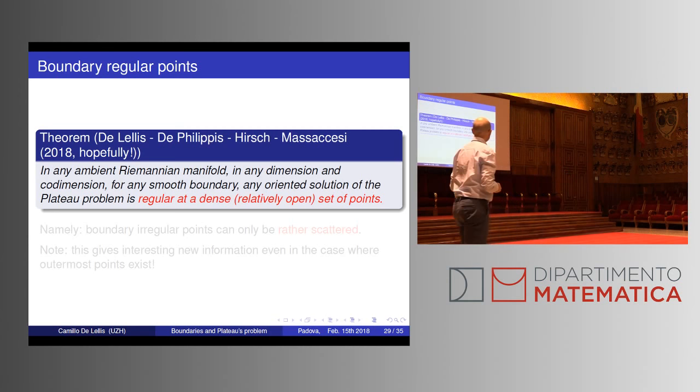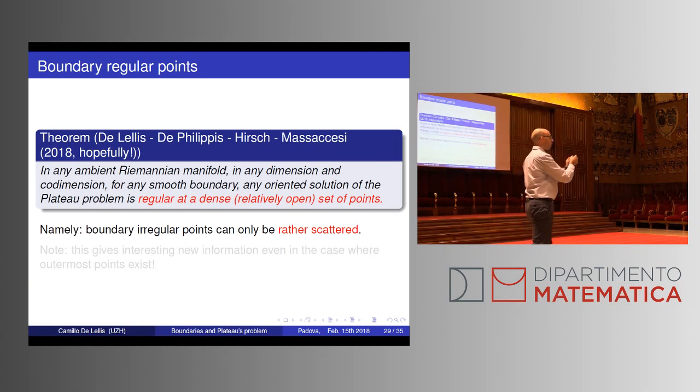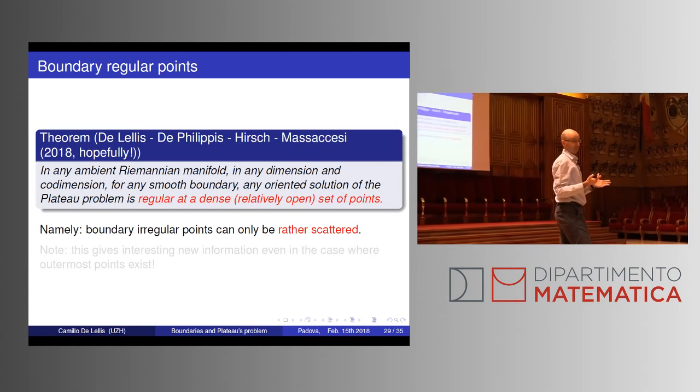In layman's words, that means the singularities, the boundary irregular points, can only be a scattered set. So it can only occur in relatively few points, relatively few in a topological sense. It's a kind of powder which is scattered around. It doesn't have any bulk. And since it does not have any bulk, it tells you there are a lot of regular points. At least there is one, but there are actually many.